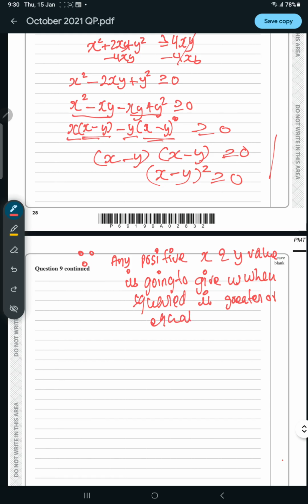Why? Because anything you square is going to be positive, or equal to 0.